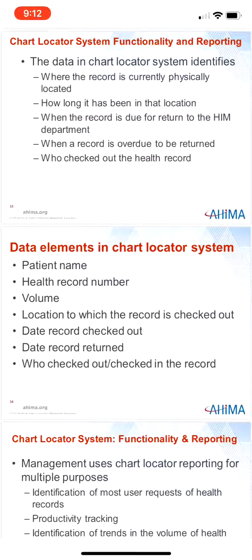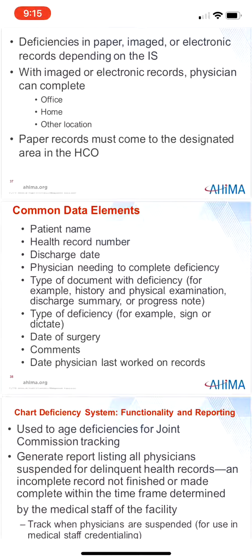The chart deficiency system is utilized by both staff and management. The chart deficiency system is used by staff to record what deficiencies a physician or other clinician has on specific health records. When these deficiencies are completed by the physician, the chart deficiency system is updated to reflect the change.